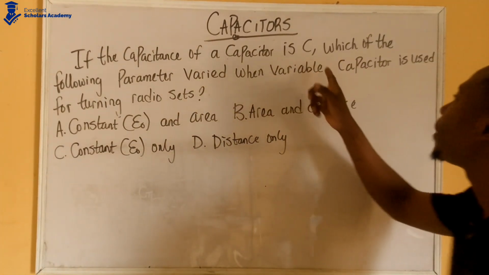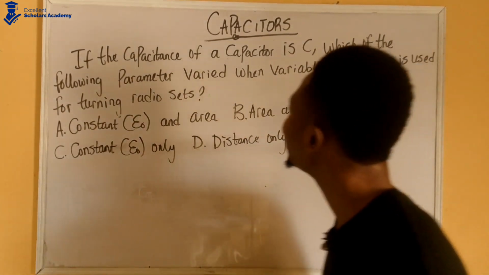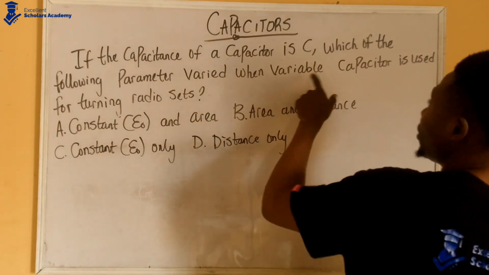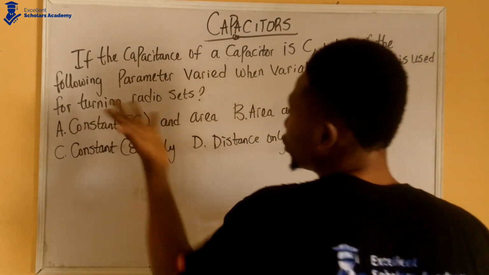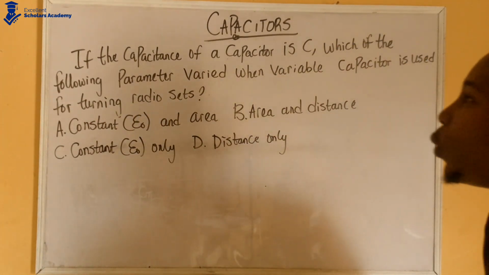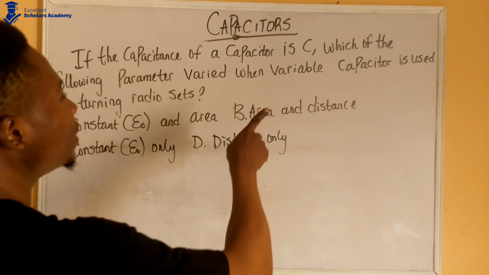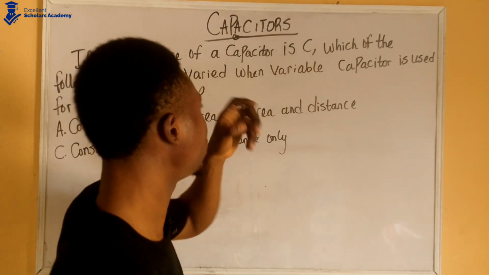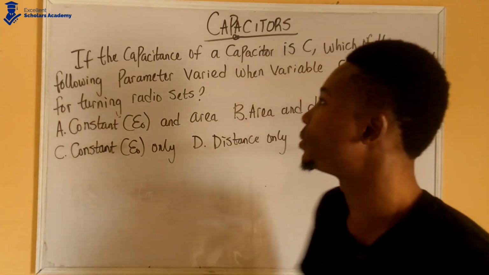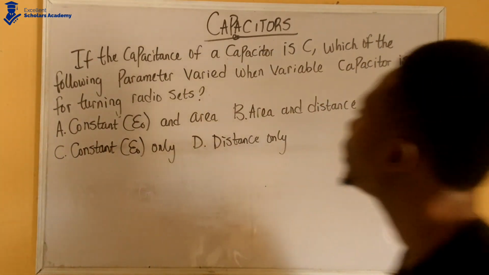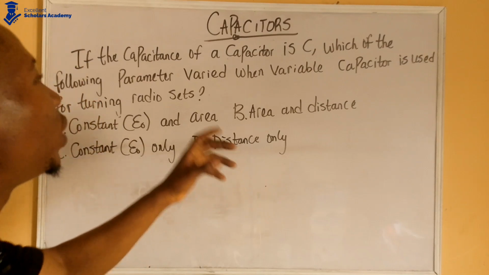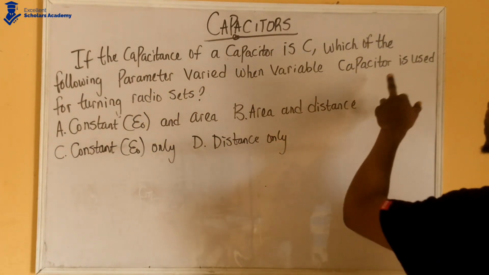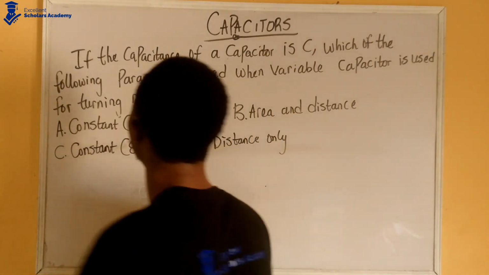If the capacitance of a capacitor is C, which of the following parameters is varied when a variable capacitor is used for tuning radio sets?